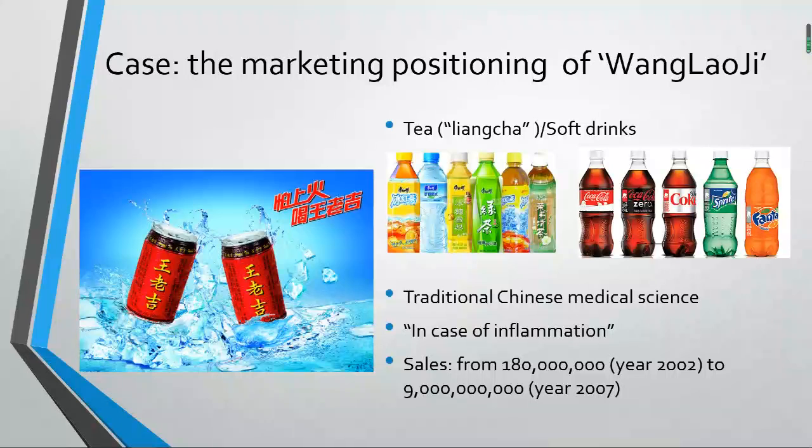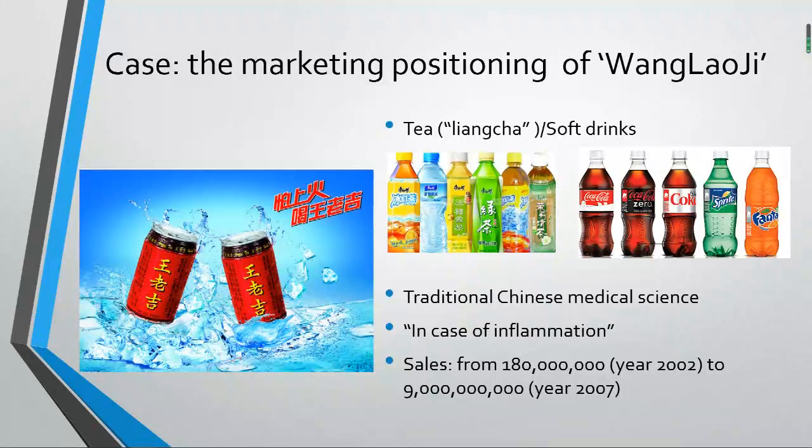But this brand, Wang Lao Ji, has a more specific targeting. When you see herbal, it's more related to your health, right? And their focus is, if you are afraid of inflammation, then you can drink this.